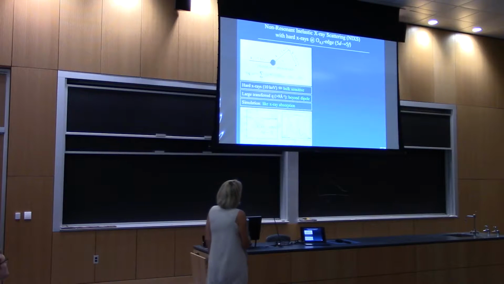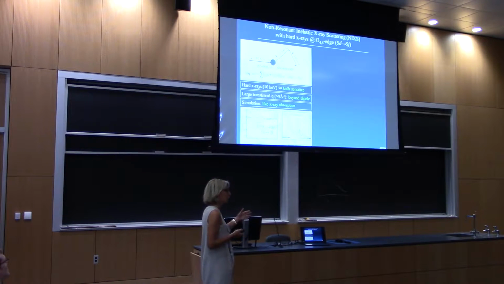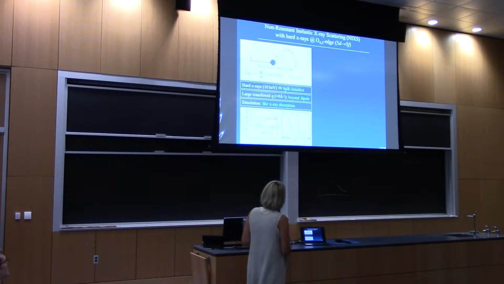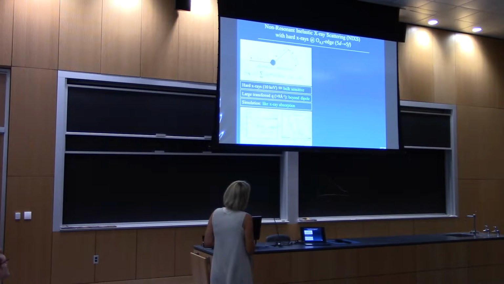And that means if I expand my transition operator, I cannot truncate this expansion after the first term. So I don't have only dipole, I have higher multipole contributions to my scattering signal. And this is what I'm showing here. If I make this expansion, I can factorize it into a radial and an energy-dependent part.